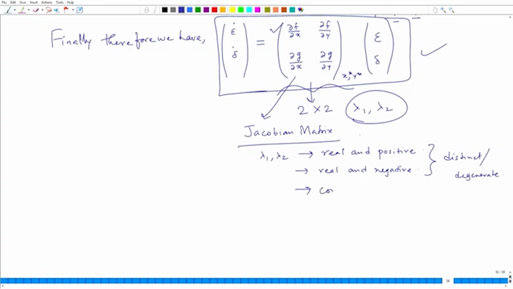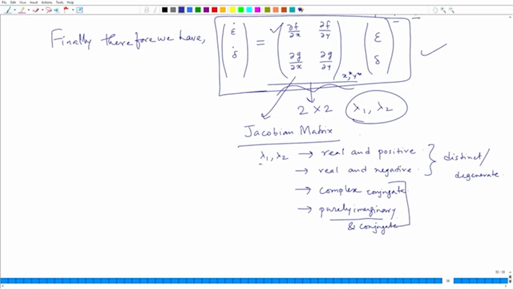Another is complex, another is purely imaginary. Now for all usual dynamical systems, this Jacobian matrix consists of real entries. So even if we have complex or purely imaginary eigenvalues, they should always come as conjugates. These are all the possible cases.